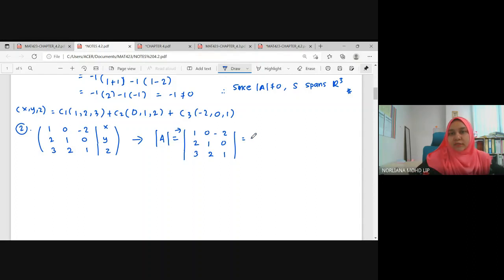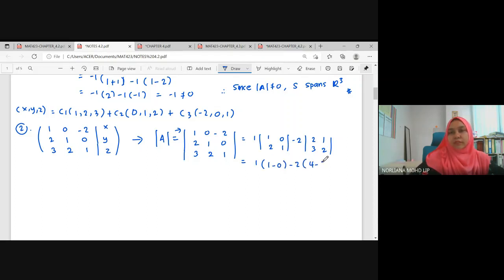Okay, guna first row akan dapat, okay, ni ingat balik chapter 3 determinant, find the determinant. Memang untuk linear algebra ni perlu gunakan semua chapter yang ada belajar. Okay, positif, negatif, positif. Okay, 1 minus 0, minus 2.